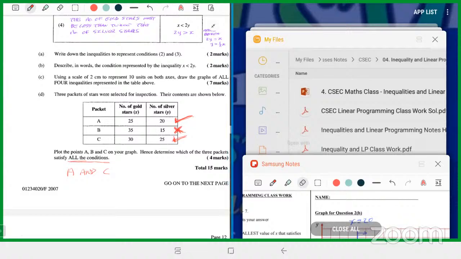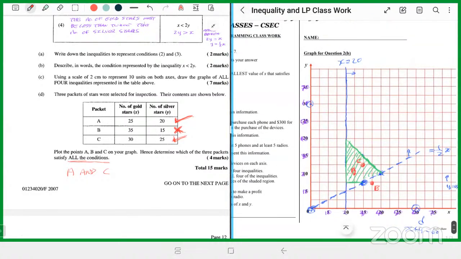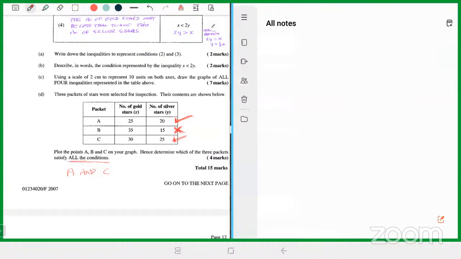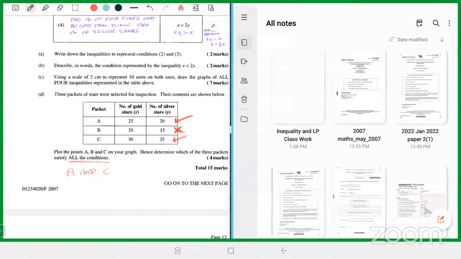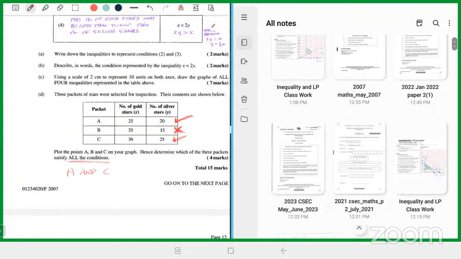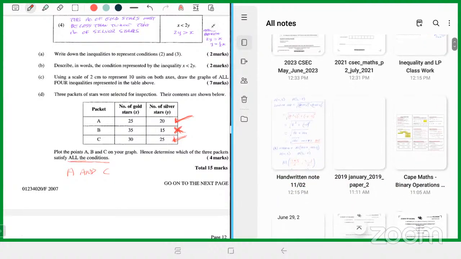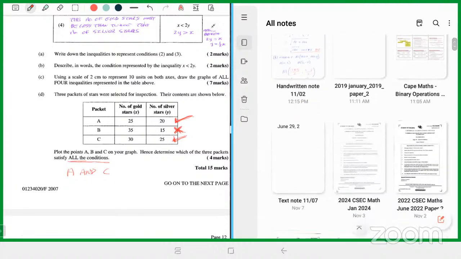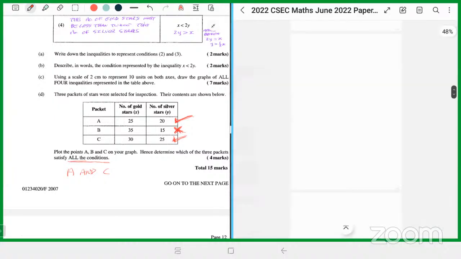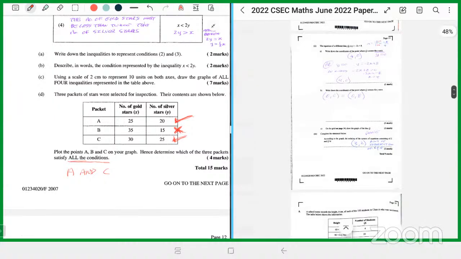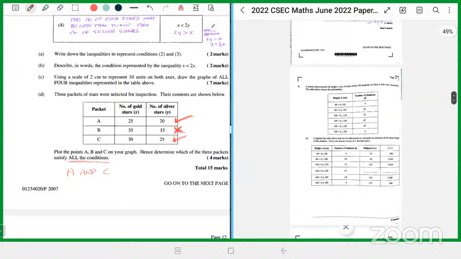2022 question 8. January, June 2022. June 2022 question 8. I'll finish off with this one today, all right?